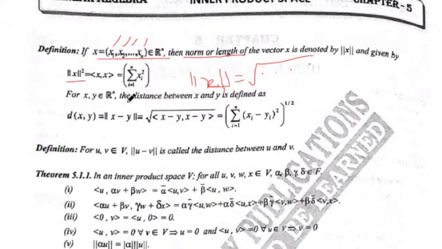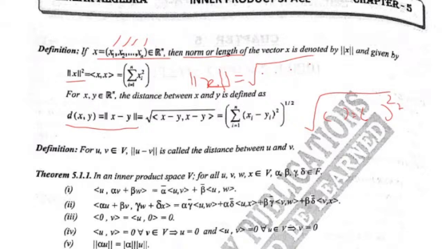For x and y in R power n, the distance between x and y is defined as d of (x, y), which is nothing but the distance between x and y. That is, norm of x minus y is given by the square root of the inner product (x minus y, x minus y), which is nothing but the square root of (x1 minus y1) the whole square plus (x2 minus y2) the whole square plus up to (xn minus yn) the whole square. The distance formula is nothing but norm of x minus y.